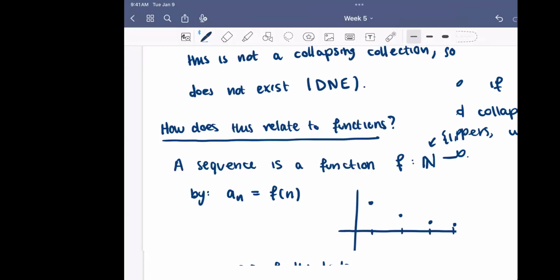Okay, so in this way, limits of sequences are sort of the same concept as limits of functions at infinity. Okay, so we will end there, and on Friday we'll get into some improved tools for actually calculating limits.